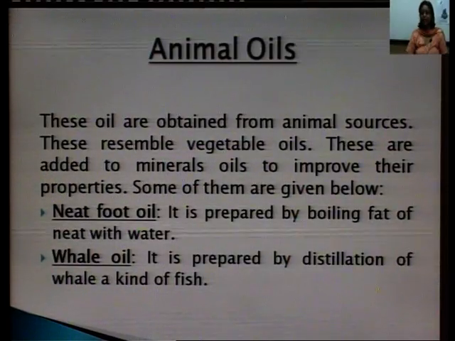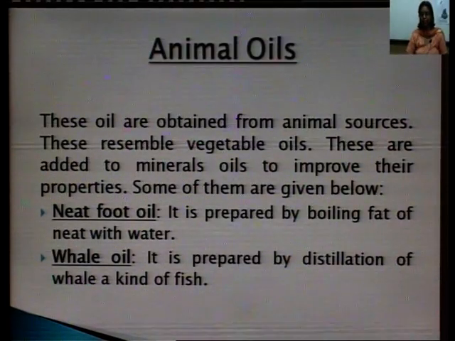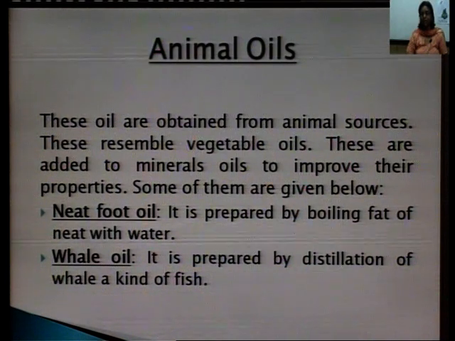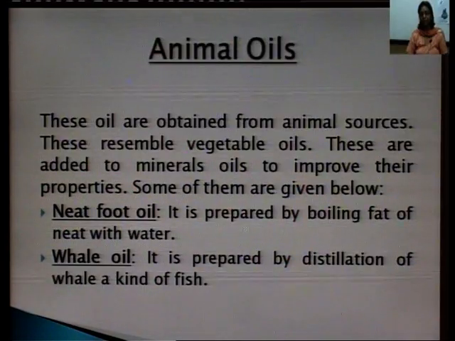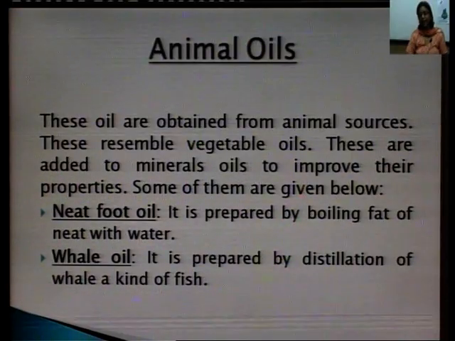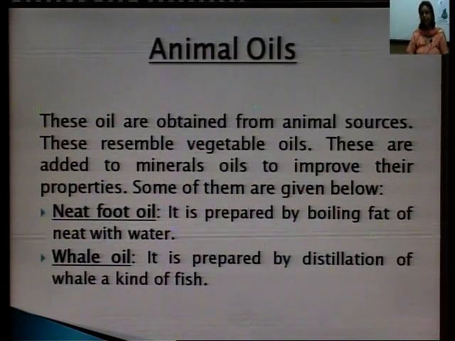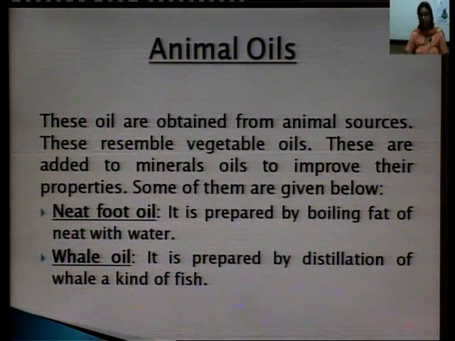Next category is the animal oils. These oils are obtained from animal sources. These resemble vegetable oils in their properties. Now, these are added to mineral oils to improve their properties. So, it means the oils which are obtained from animal sources are also added to the mineral oils so that their properties can be improved.